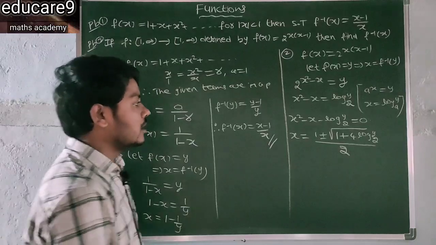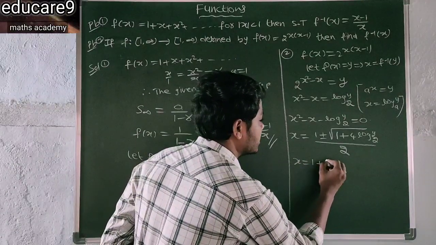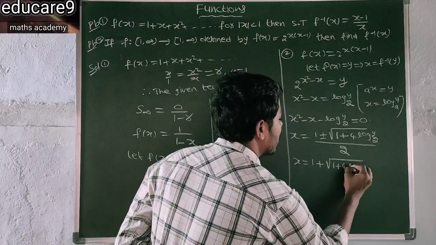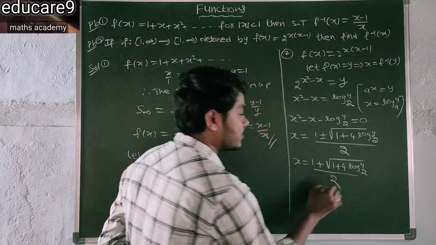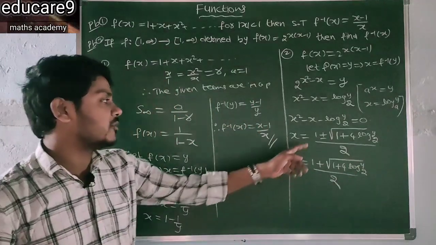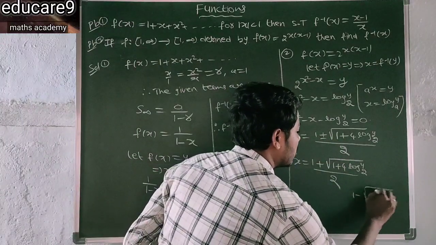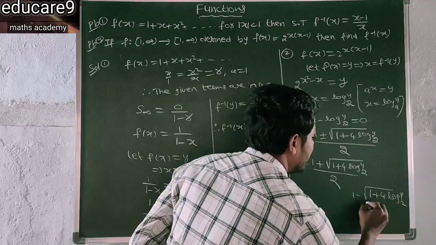Now here you get two values of x, that is x is equal to 1 plus under root of 1 plus 4 log y base 2 by 2. But the second one is what? 1 minus under root of 1 plus 4 log y base 2.